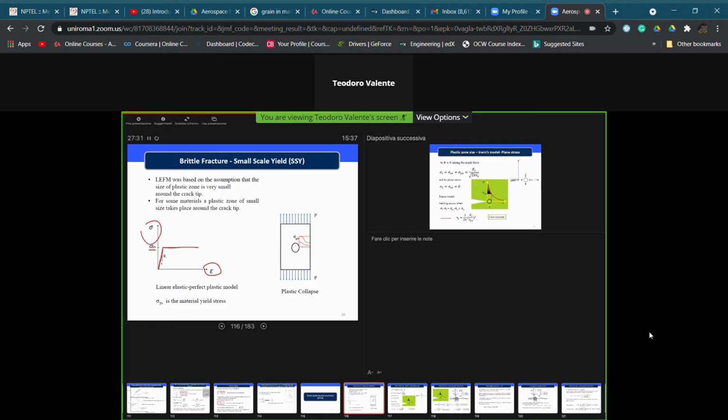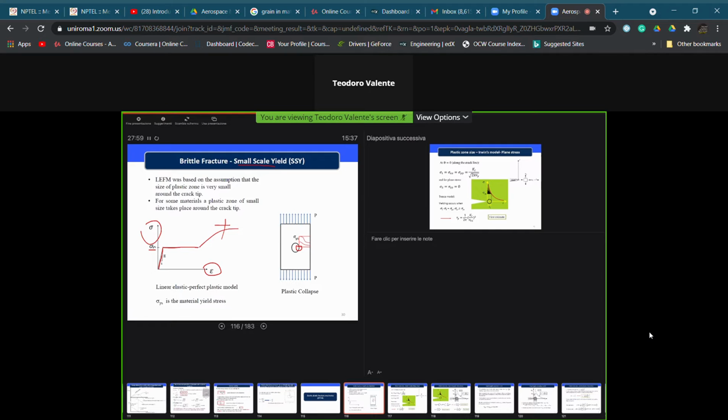After that, we can introduce the work hardening that we have studied, but we are in the case of small scale yield, so plasticity effects are concentrated at the crack tip, and so we are not considering this part of the diagram where work hardening can occur.